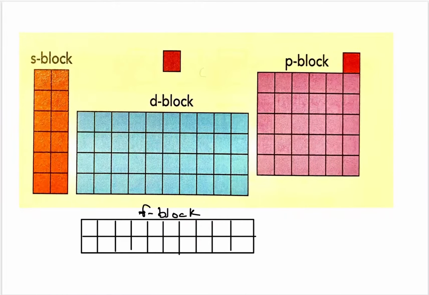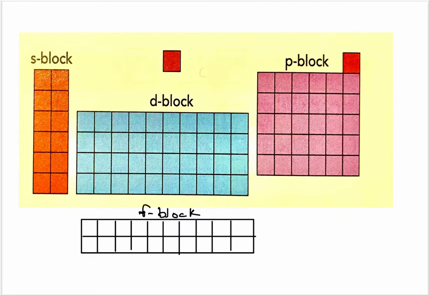Let's move on. Now, this is something new. The elements in the different blocks, for example, the S block, the P block, the D block, and the F block, are known as S block, P block, D block, and F block because it is according to the valence electrons which are in this orbital.